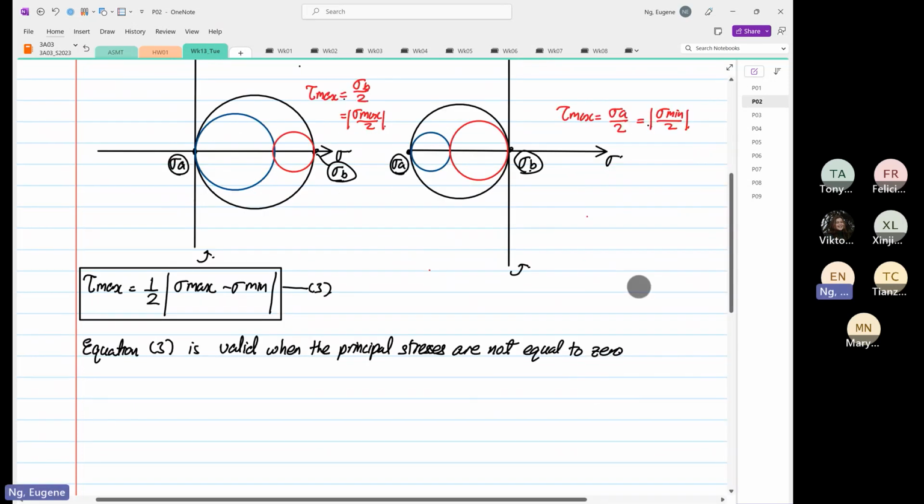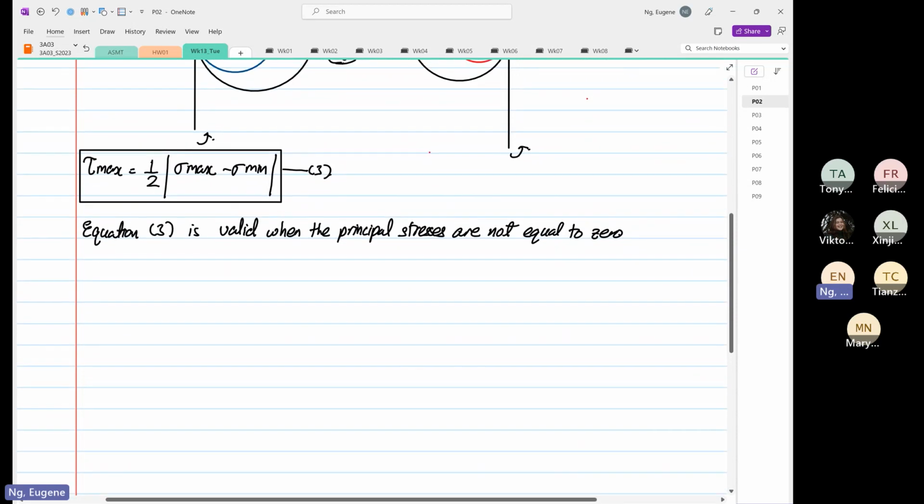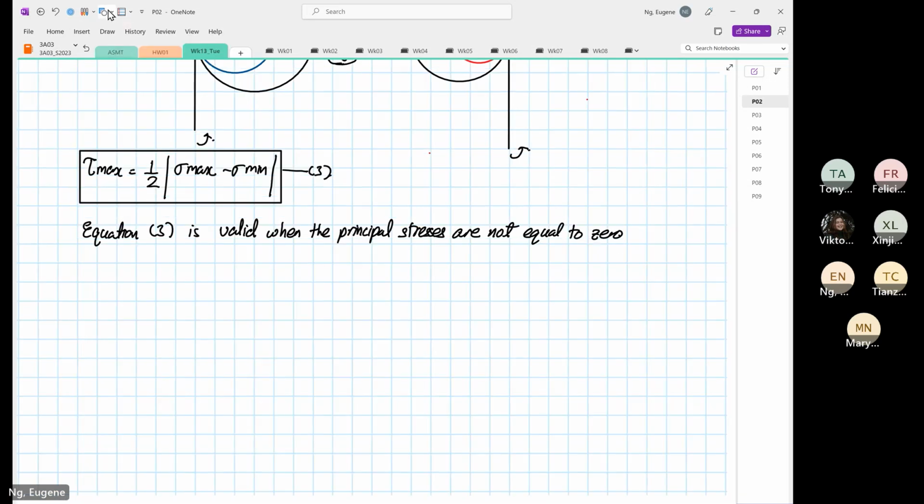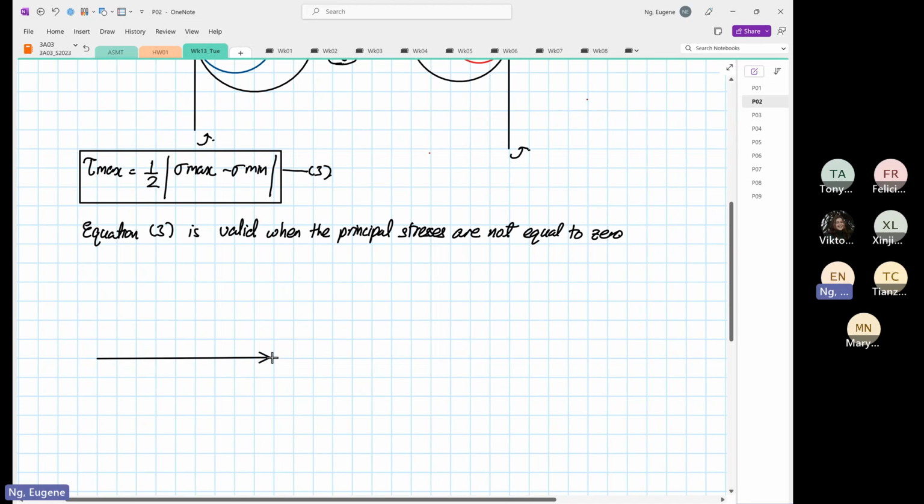So I have an example where you have your normal stress and then you have your shearing stress.